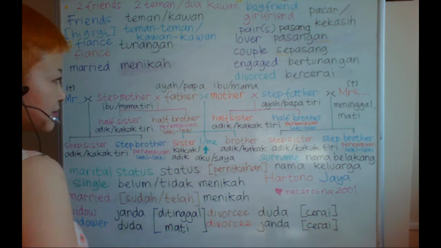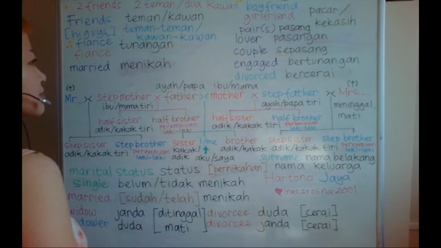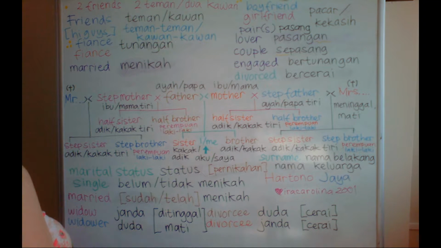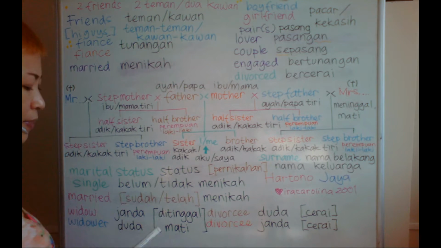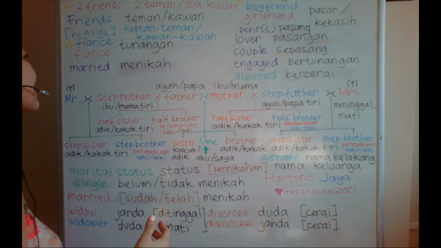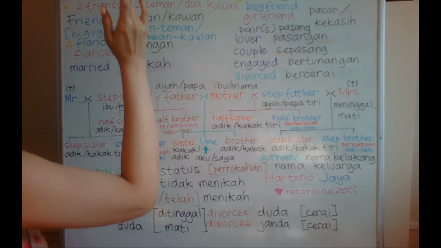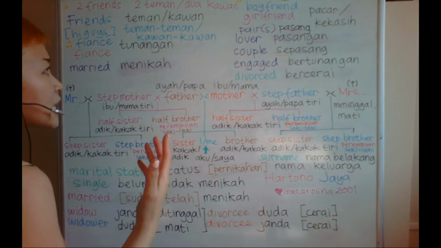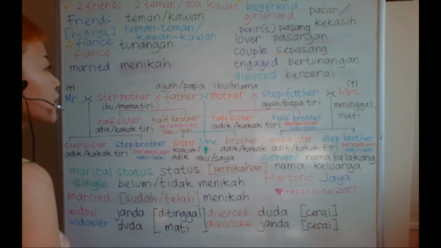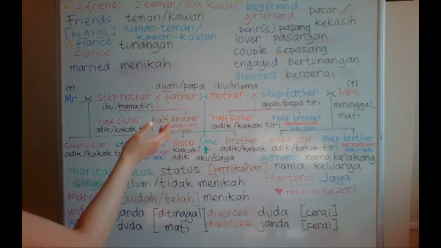Engaged, bertunangan, fiancé or fiancée, I'm sorry if I say it wrong, for female or for male. In Indonesian language, we don't care about the gender specification for each word.